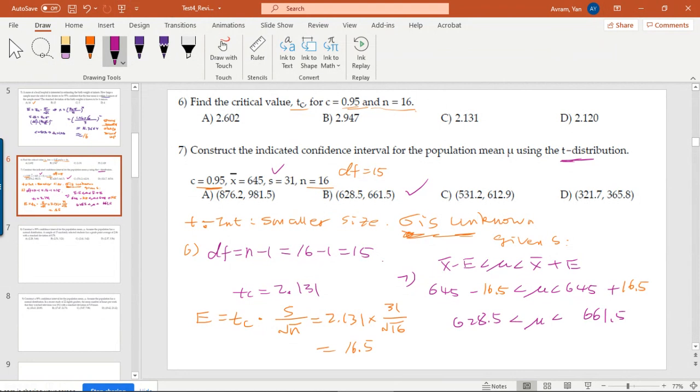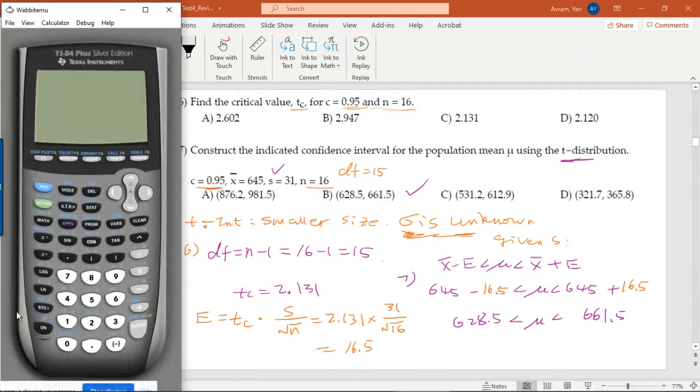Another thing is you can also use the calculator to find this whole T interval, just like I showed you earlier. Go to STAT, TESTS, and use number 8, the TInterval. Input x bar as 645, s as 31, n as 16, and the confidence level 0.95, then hit calculate.